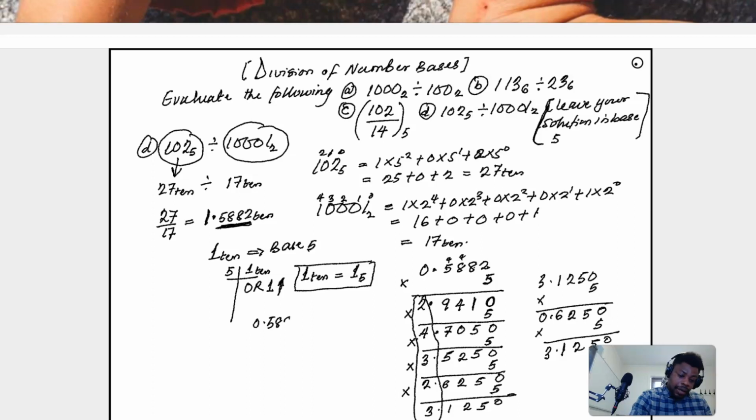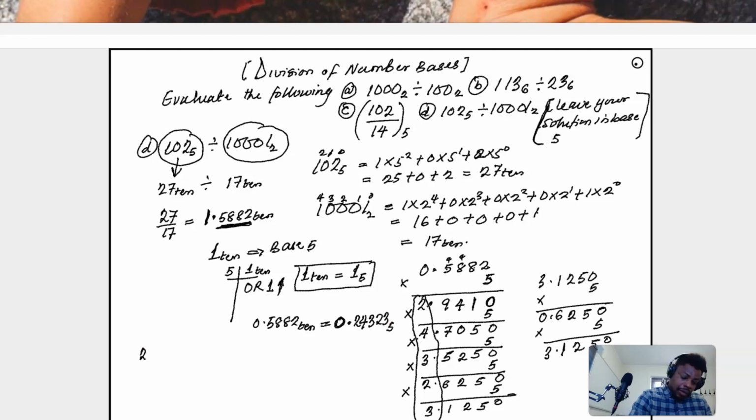So in this case, I will say 0.5882 in base 10 is equal to, remember you have to write 0 first because you have to take care of the whole number part, 0.24323 in base 5.